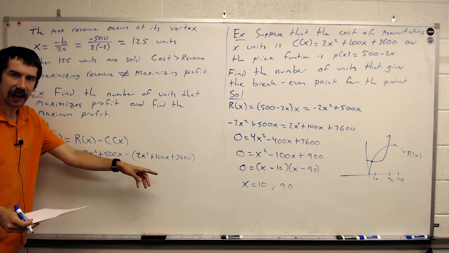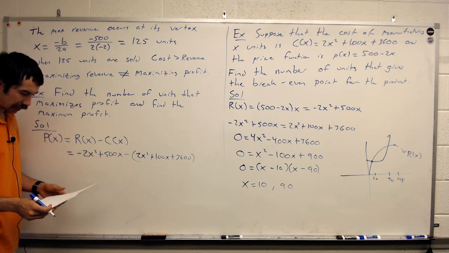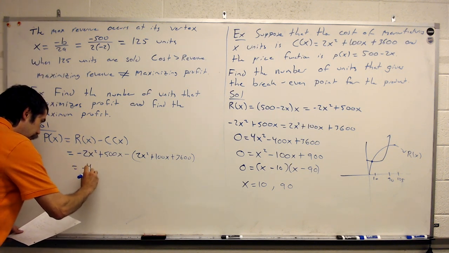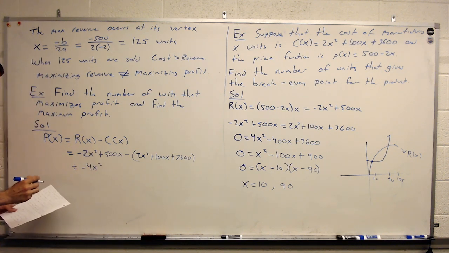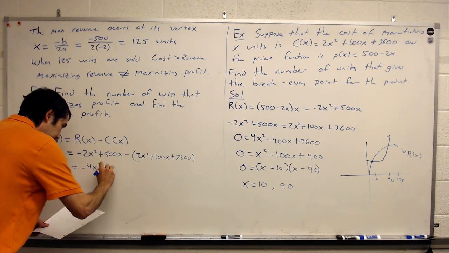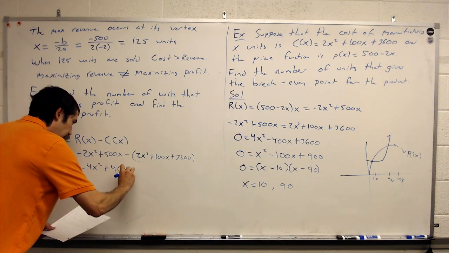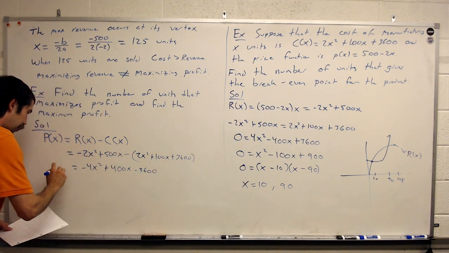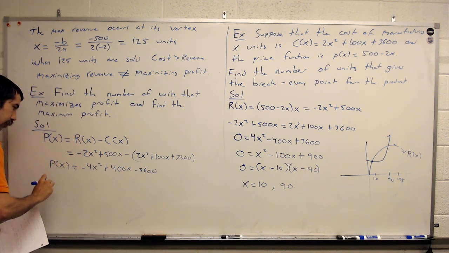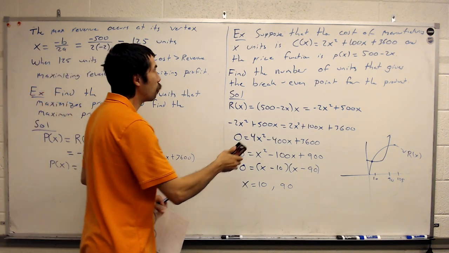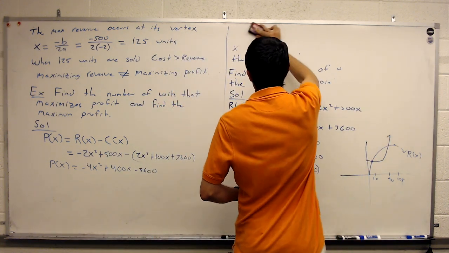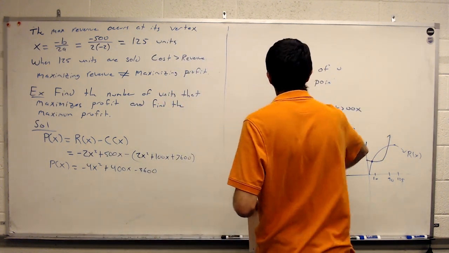Okay, distributing the negative and combining like terms, we get minus 4x squared plus 400x minus 3,600. This is our profit function. All right, and we want to maximize our profit function, so we need to find the vertex of the profit function.